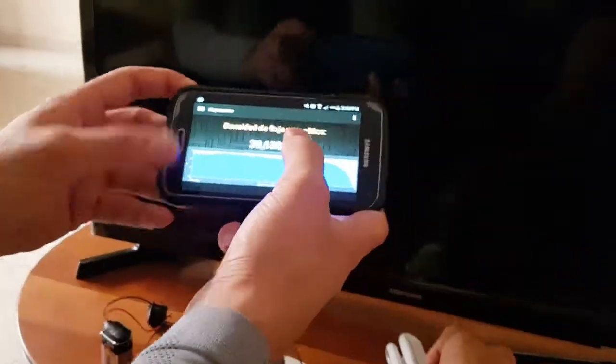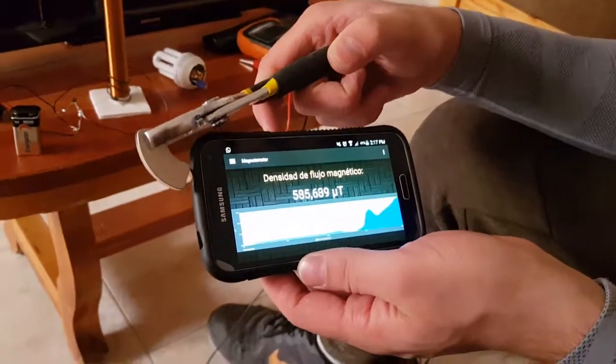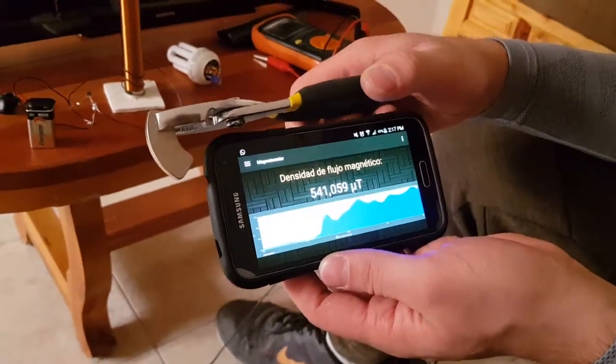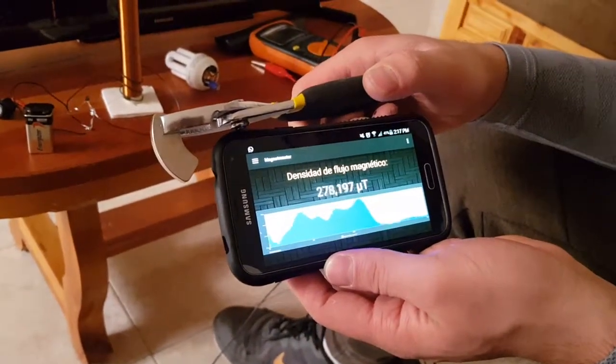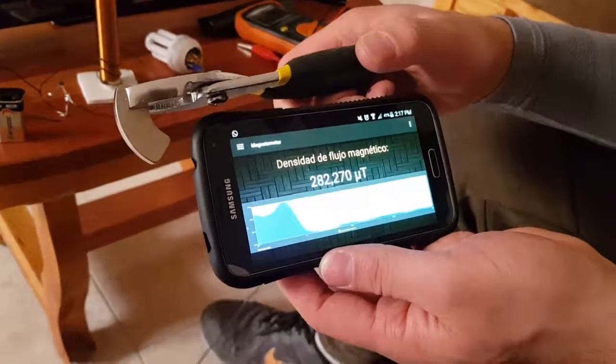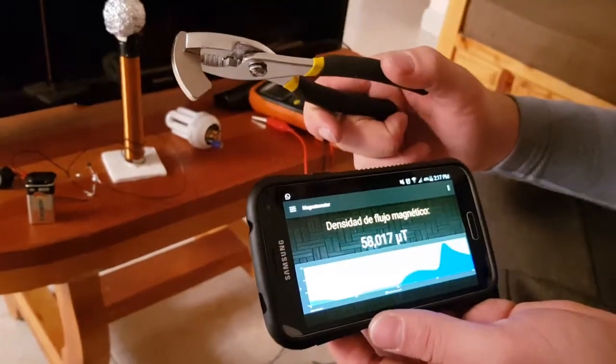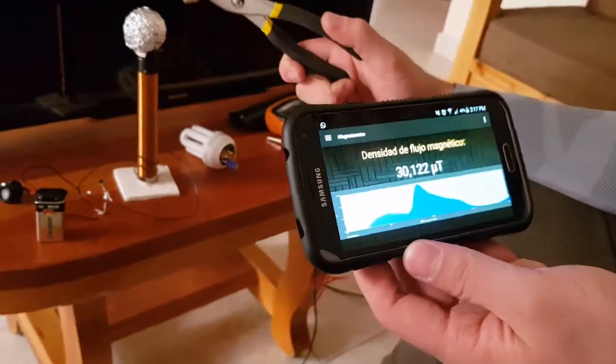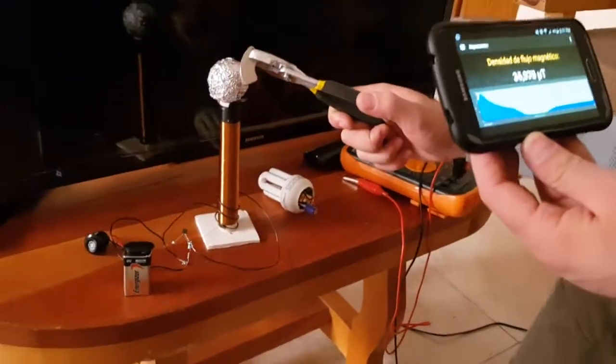Perfecto. Ahora yo le voy a pegar esto aquí.